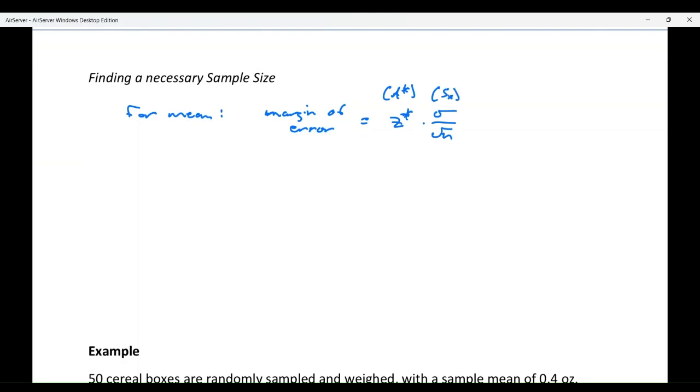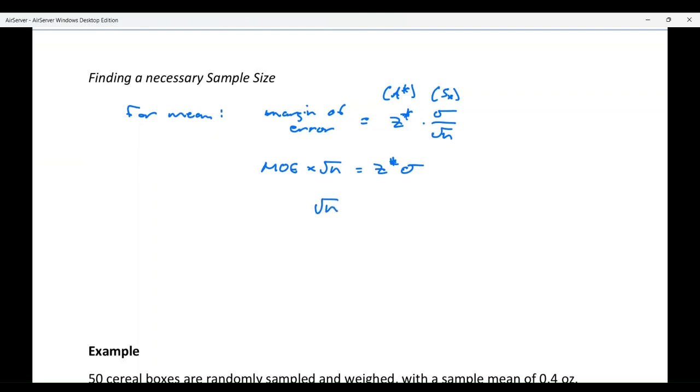All right, well, now we're just going to take this formula and solve it for n. So for example, I could multiply both sides by the square root of n. I'm going to abbreviate margin of error as MOE, so MOE times the square root of n equals z star times sigma. And then I could divide both sides by the margin of error.